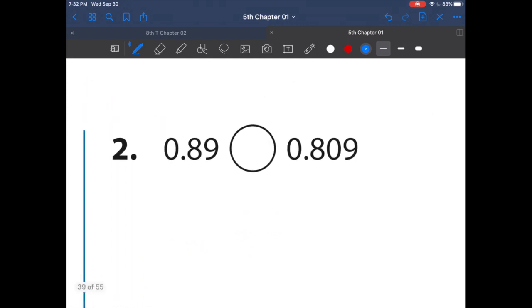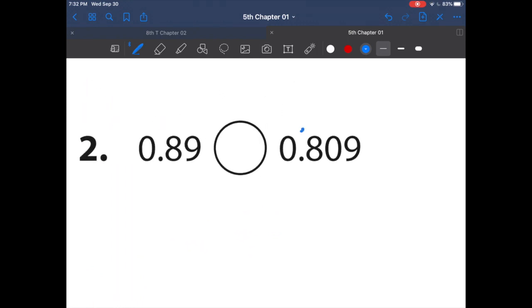All right, remember what I said? We want to line up the decimal, so I'm going to put the decimal right on top of here. I'm going to put 8. I'm going to put 9. And what happens if I have no more numbers over here? I'm allowed to add a 0. All right, and I said we're going to start from the left, and we're going to cross things off. So put a 0 there. Those zeros are the same. 8 is the same. Well, check that out right there. Is 9 hundredths.